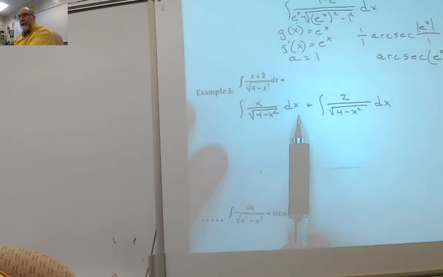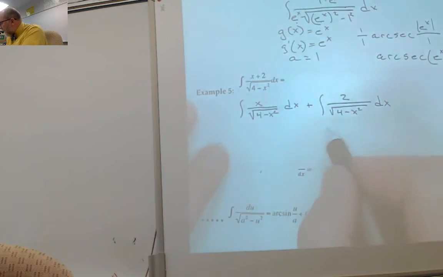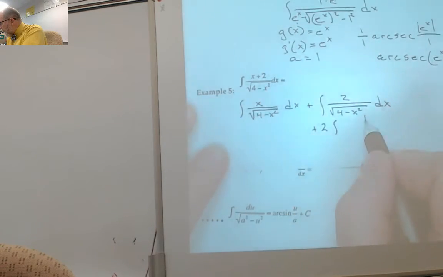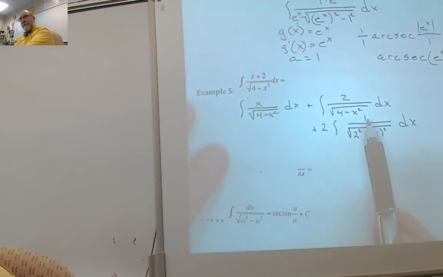Are we okay with that? Ben, they're going to be integrated differently. And I'm going to do one more thing. I'm going to write it like this. Do you see why I did that? Because the derivative of this is that, isn't it?